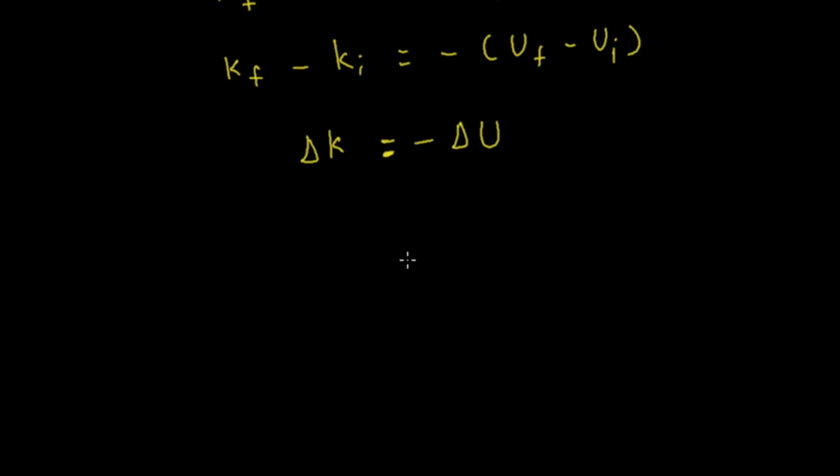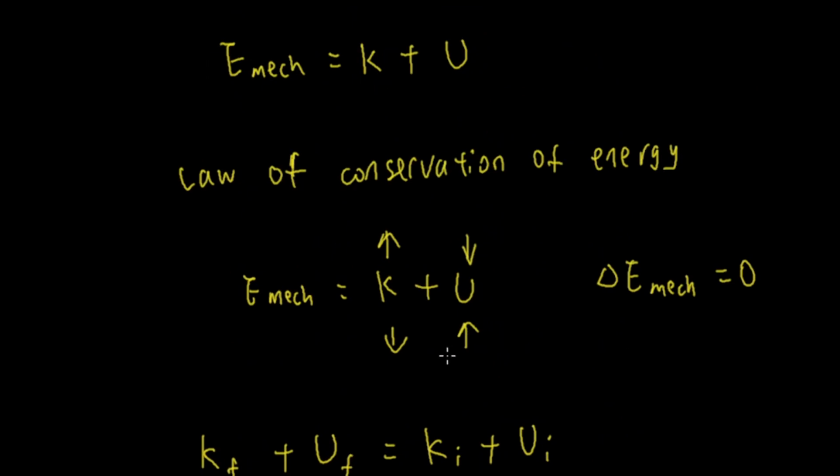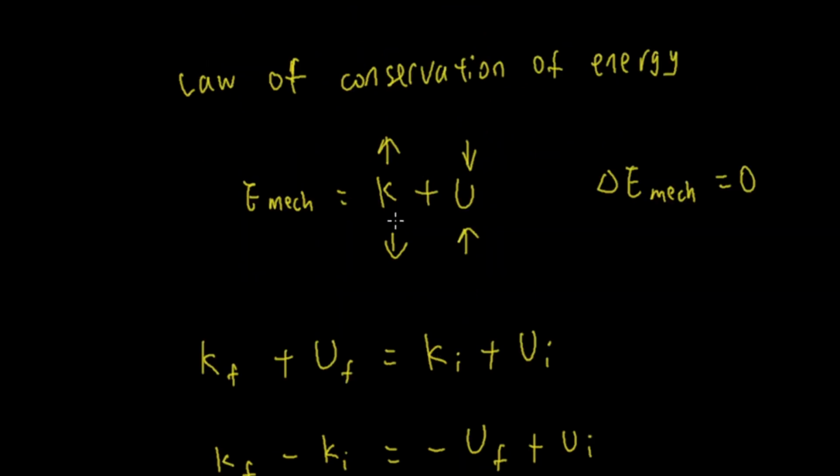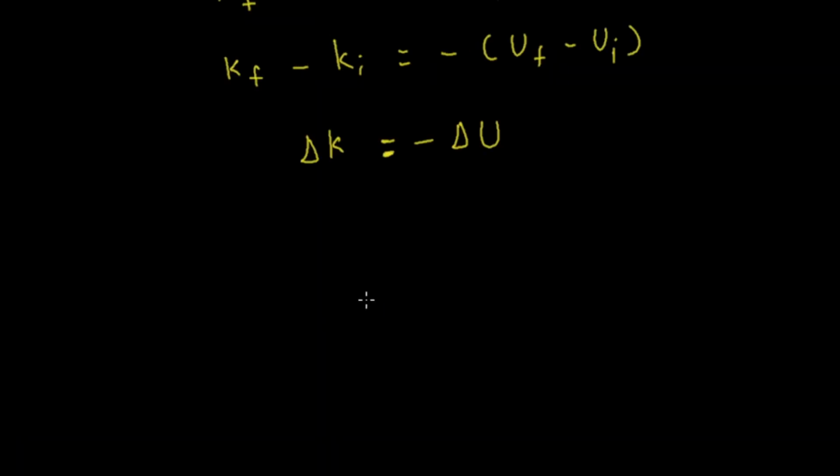Okay, now this is just the system of only kinetic energy and potential energy, which is the system of an object that has only mechanical energy. What about other types of energy? There are other types of energy, such as thermal energy. So we're talking about a different system here. Let's say the system of the energy here, right?